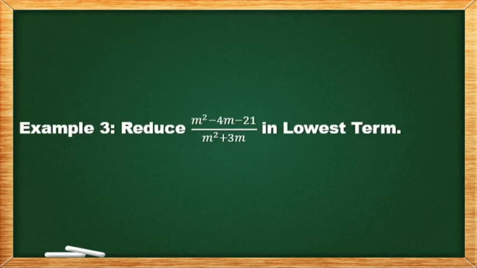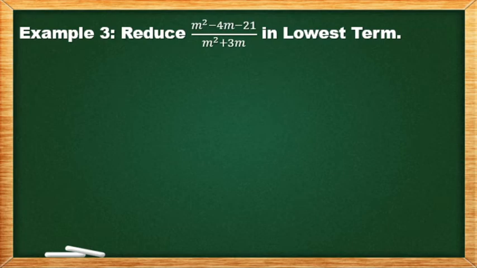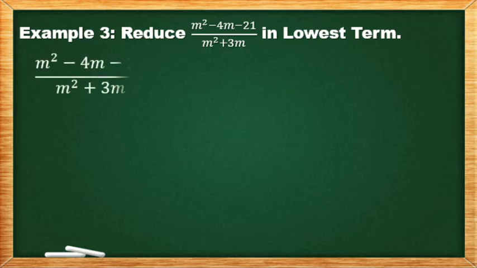Another example. Reduce m squared minus 4m minus 21 all over m squared plus 3m. Our given. Observe the numerator and denominator. They are factorable. Sa numerator, since 3 terms yan, aalamin mo na lang it's either PST or what?